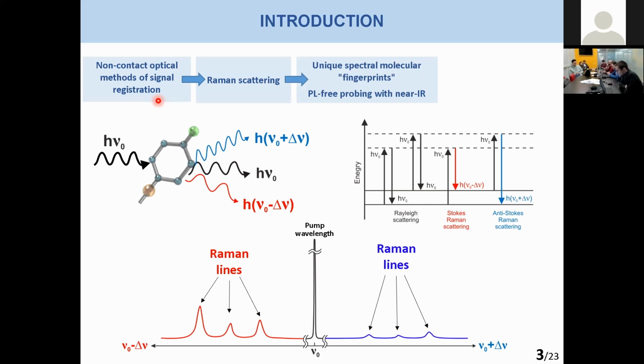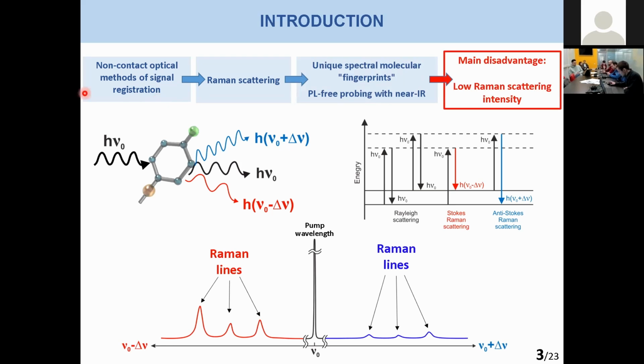Raman spectroscopy allows to identify molecules in ultra-low concentrations, with the possibility of working with laser pumping wavelengths in the near-infrared range. But the main disadvantage of this method is the really low Raman scattering intensity, about 3 orders of magnitude lower than Rayleigh scattering intensity.